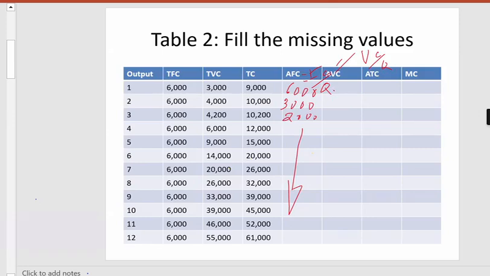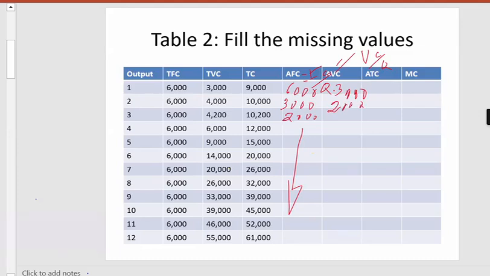What about variable cost here? At level 1 output, what is the variable cost? 3,000. Is 3,000, right? At level 2 it is 2,000.